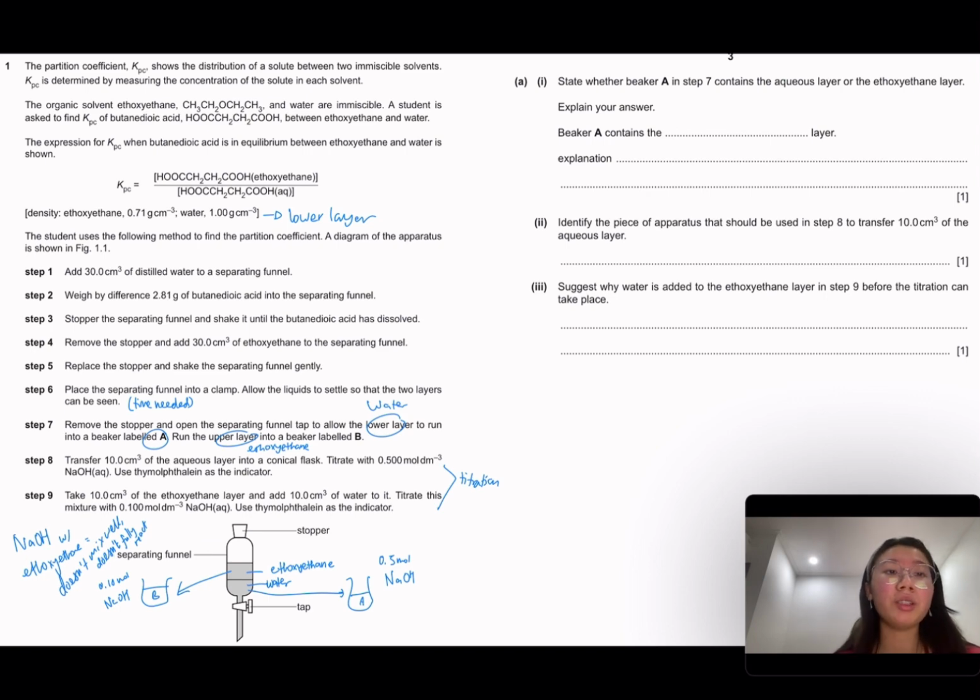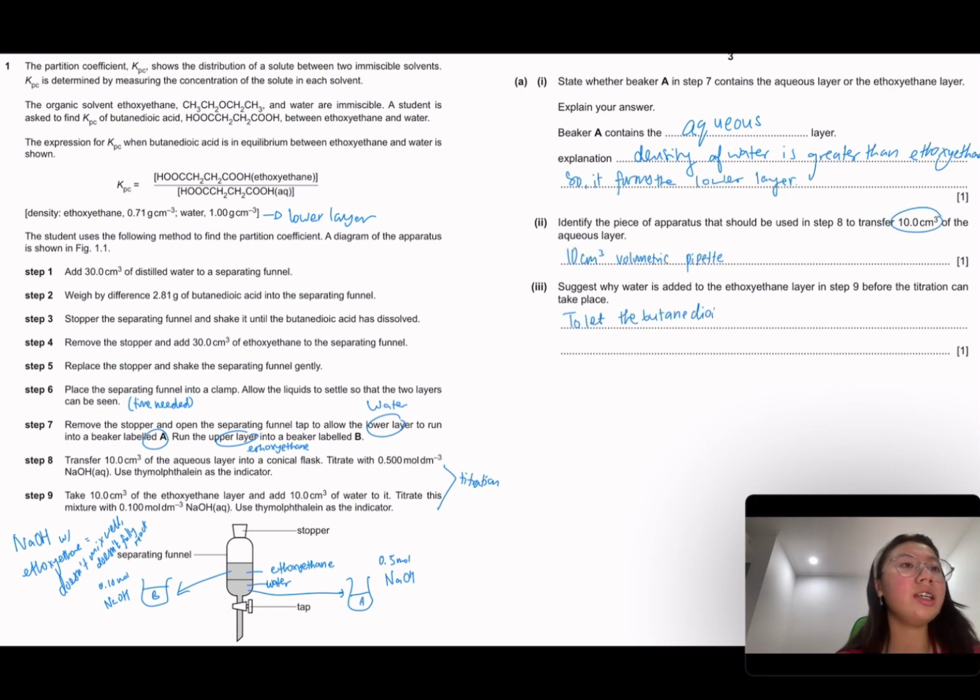So you titrate it with 0.5 mole of NaOH. They will likely ask about concentration again. So again, beaker A would be your water, and beaker B would be your ethoxyethane.